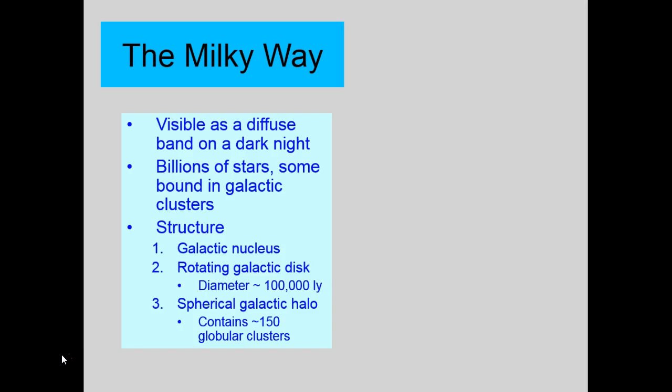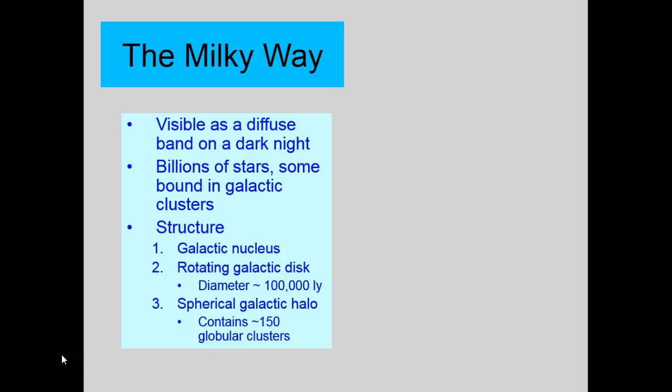And that's part of our galaxy. The Milky Way is visible as a diffuse band on a very dark night when you are out in the boonies. The Milky Way is made up of literally billions of stars.